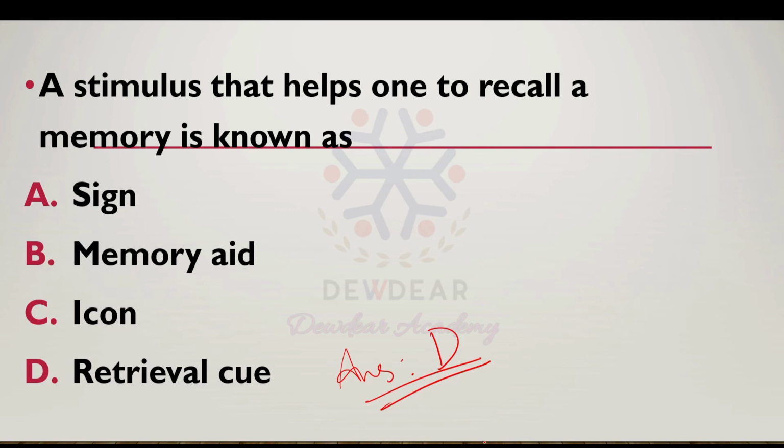Then memory aid. Memory aids are the devices or the techniques that a person uses to help improve their ability to remember something. It can be some of the techniques also.